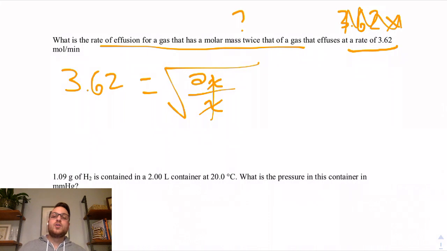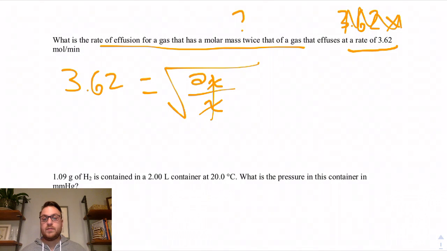So even though you have technically 3 variables, you don't know the weight of the lighter gas, you don't know the weight of the heavier gas, and you don't know the rate of the heavier gas, 2 of those variables, the weights, are not important because when you put them into the Graham's law equation and do that division, you're always going to get the square root of 2 on the right-hand side because it's always going to be twice as big.